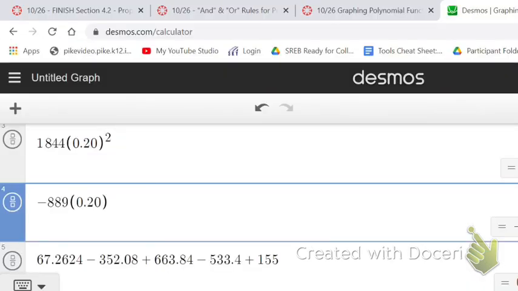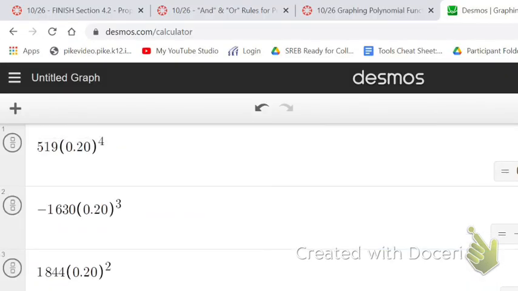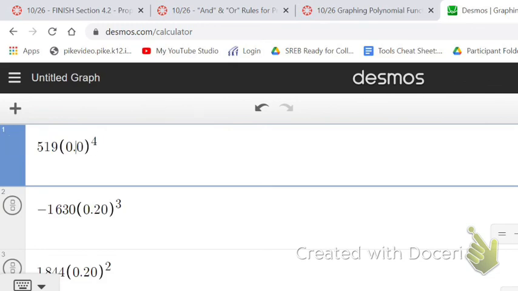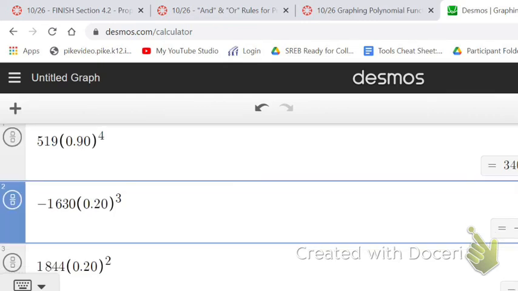So we're going to substitute 0.9 in. So that first term should have been 340.5159. Second term should have been minus 118827.